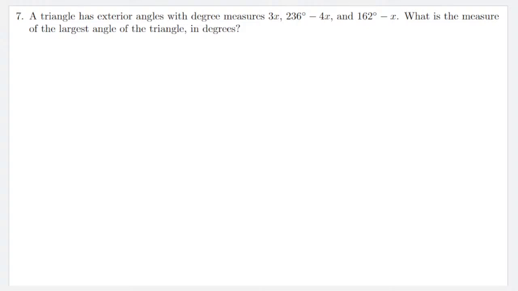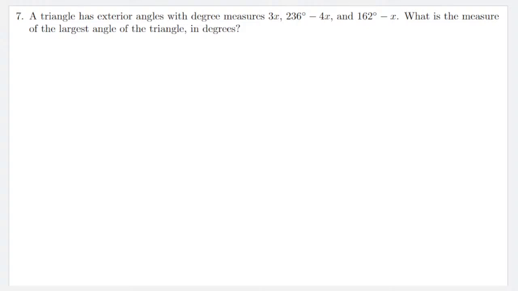So we can either use that a triangle's interior angle plus its exterior angle add up to 180 degrees to find the measures of the 3 interior angles, or we can notice that the sum of these 3 exterior angles all add to 360 degrees.